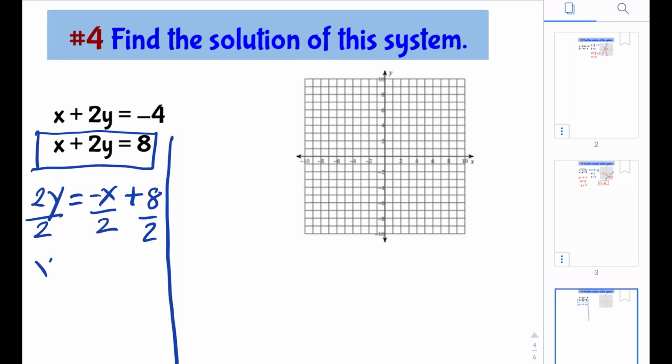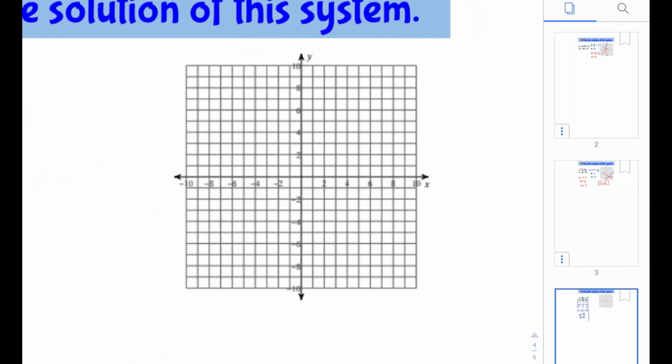So we have y is equal to, this means there's an invisible negative 1, so the slope is negative 1/2 and the y-intercept is 4. Again, the slope is negative 1/2 and the y-intercept is 4. So now let's graph that.